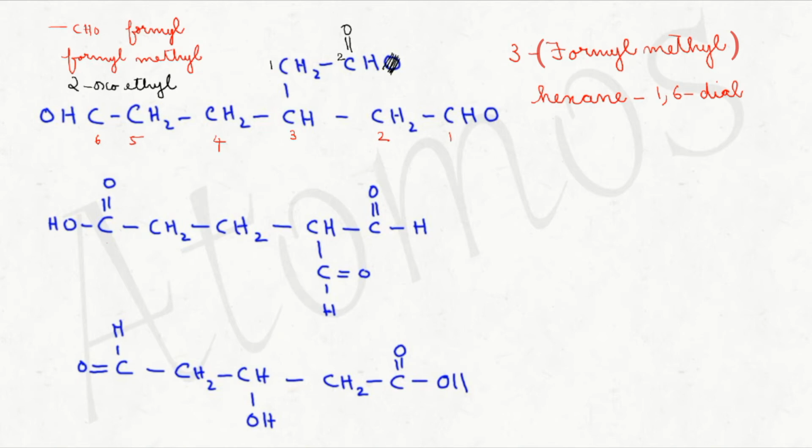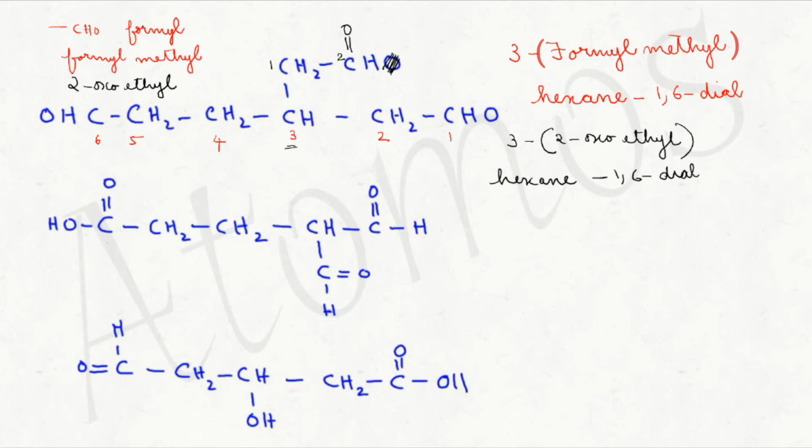So, what's the name of the substituent? 2-oxoethyl group. And which in turn is attached to the third carbon atom. So this compound can also be named as 3-(2-oxoethyl). That is a complex substituent, so we will put it in a bracket, right? 3-(2-oxoethyl), then as usual, hexane-1,6-dial.